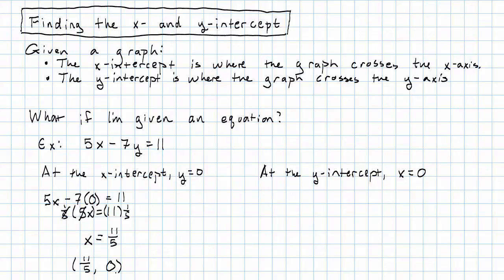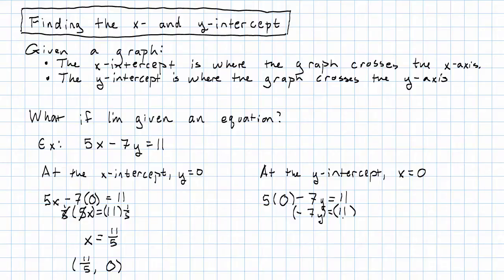On the other hand, at the y-intercept, x equals 0. So I plug in 5 times 0 minus 7y. That's 11. So just negative 7y is 11.